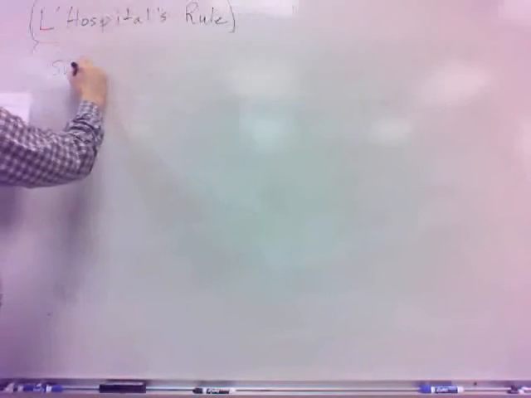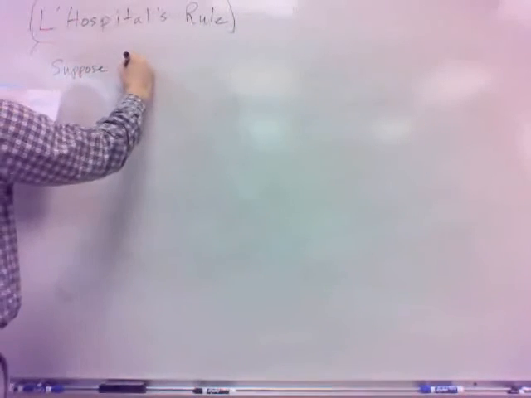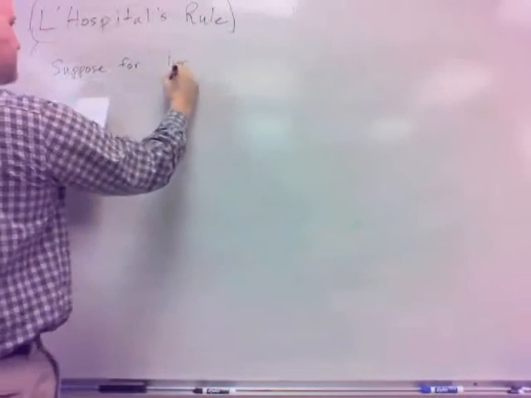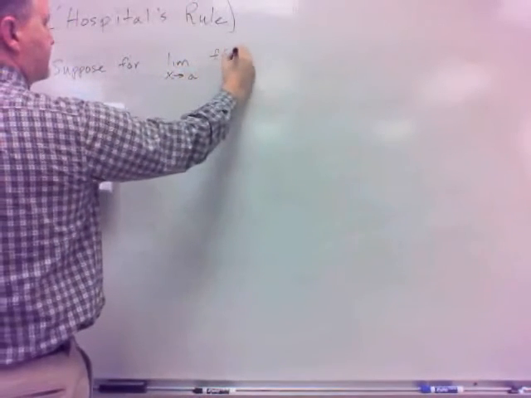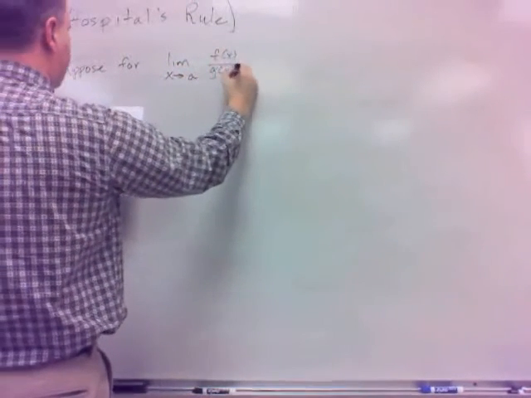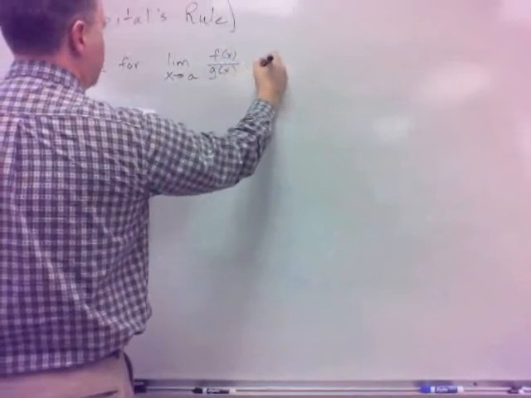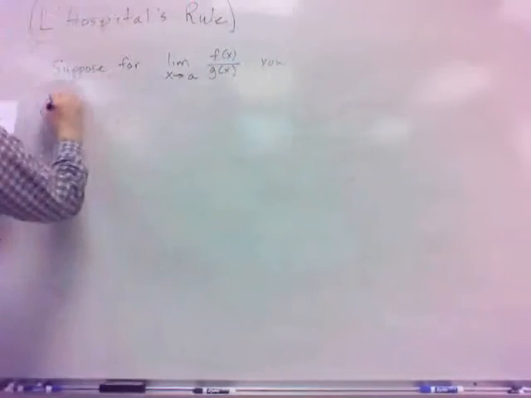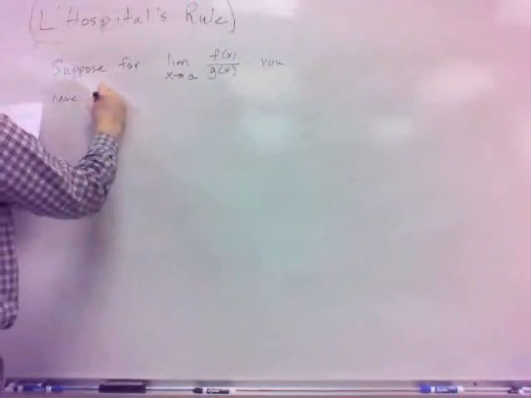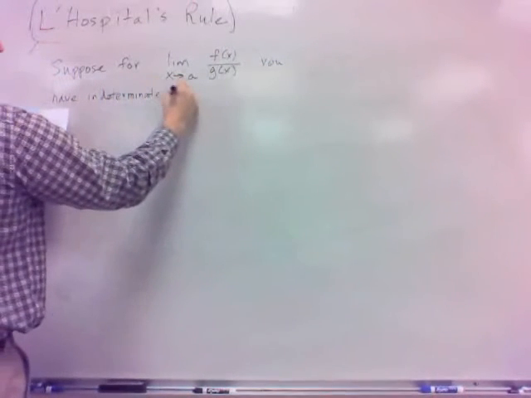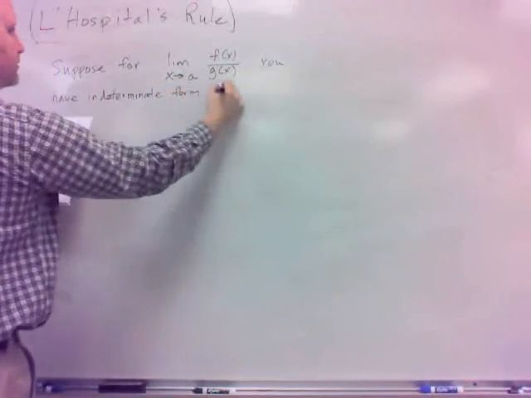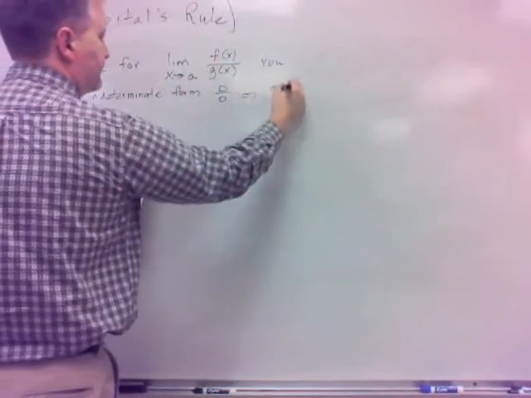Suppose for the limit as x approaches a of f of x over g of x, you have the indeterminate form 0 over 0 or infinity over infinity.